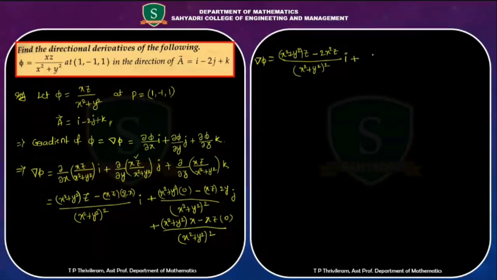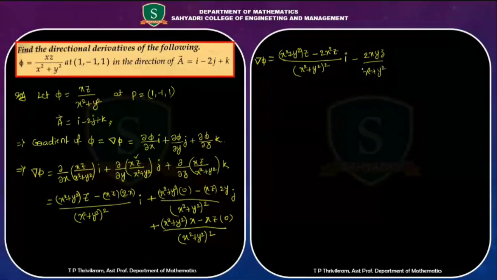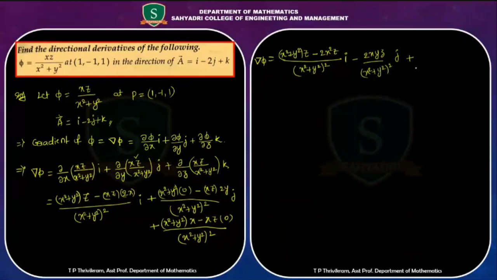Plus, in the second term, first term is 0, so we'll get minus 2xyz divided by x square plus y square whole square into j. Plus here again, second term is 0. Any doubt?